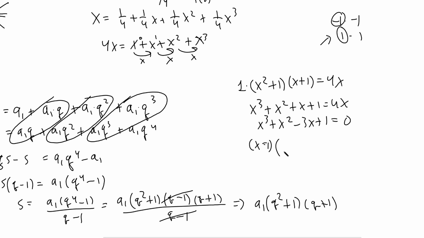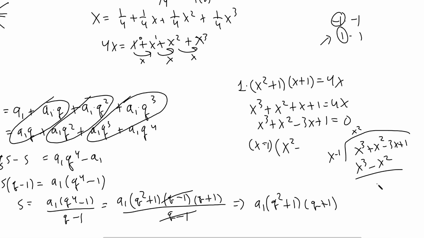So therefore, let's simplify. Just to illustrate what I'm doing, we have this expression, and we divide it by x minus 1. Put x squared here, x to the third minus x squared. Subtract, so 2x squared minus 3x. Put 2x.